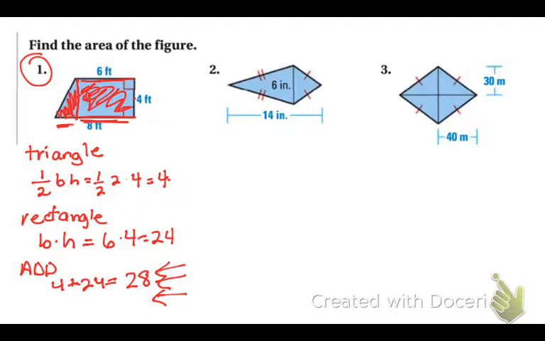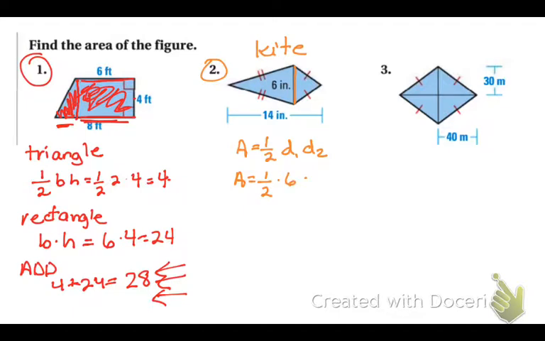Okay, let's look at number 2. Number 2 is a kite, obviously. The area of a kite is equal to 1/2 diagonal 1 times diagonal 2. Area equals 1/2. Let's find our diagonals. We have one there, so we'll call that d1.